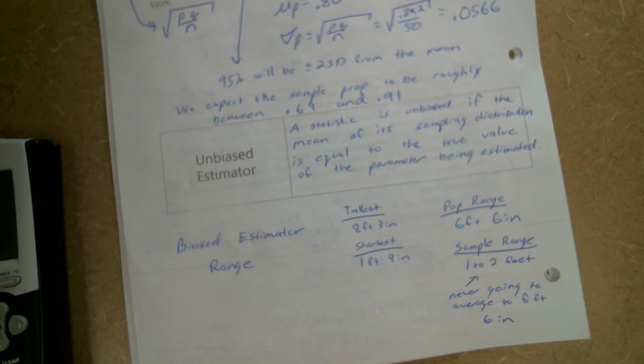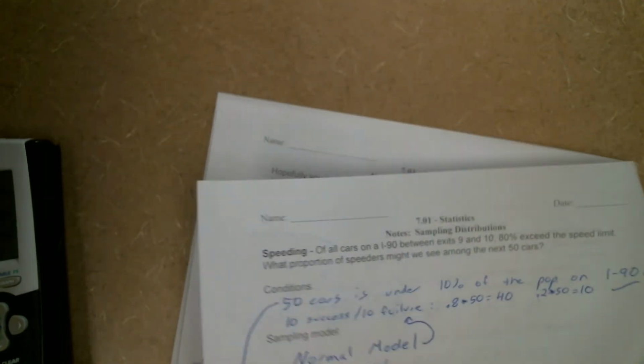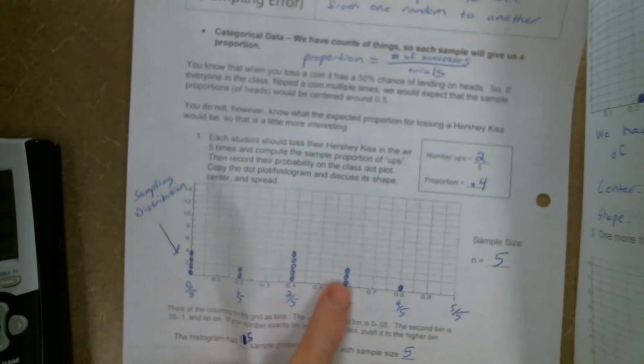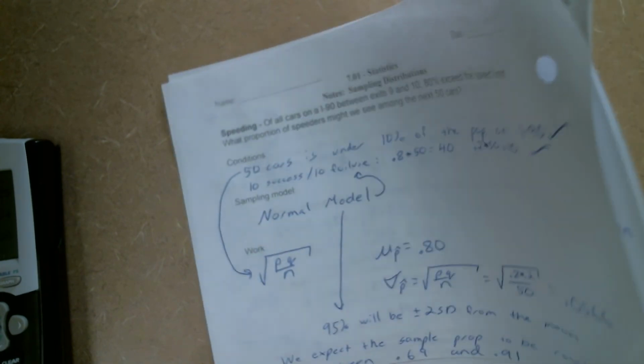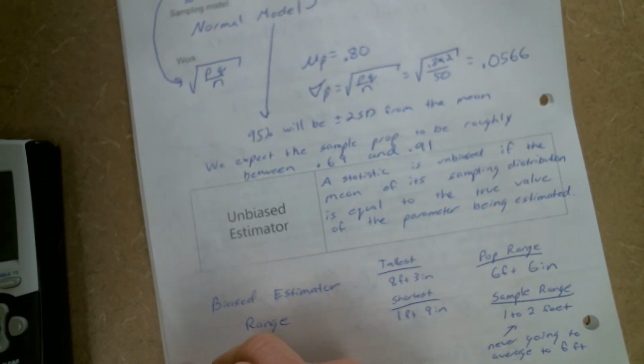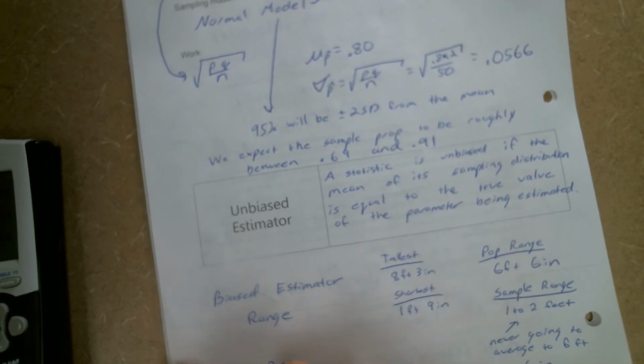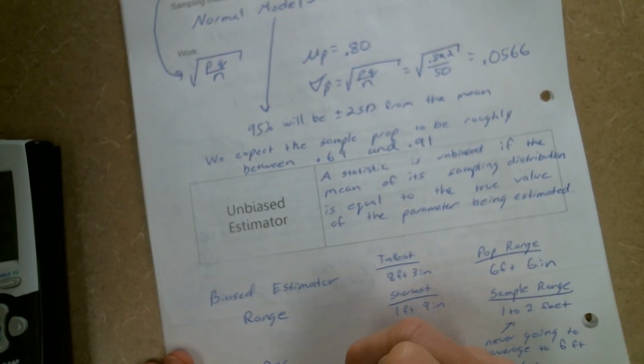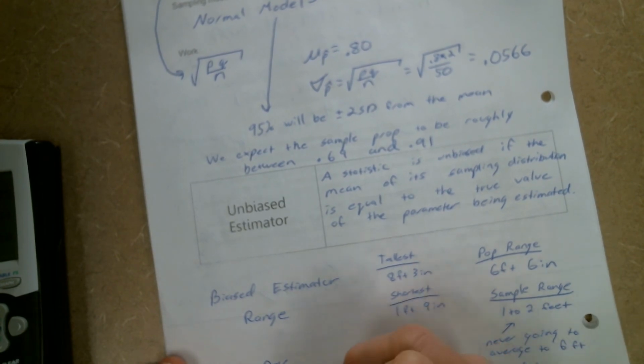It's not going to give us the right answer on average, whereas proportions on average are giving us the correct values. This is the reason that we do the n-1 for standard deviation. When you're taking a sample standard deviation, if you divide by n, it's biased. On average, it underestimates the spread.